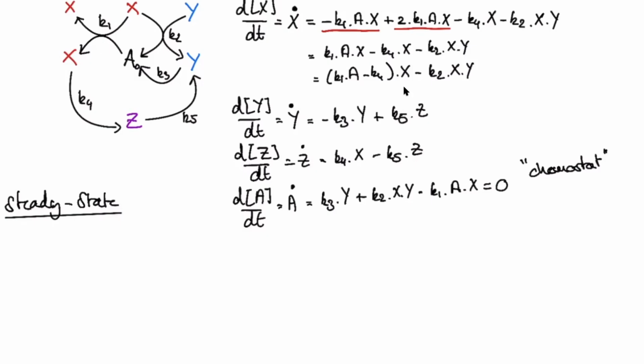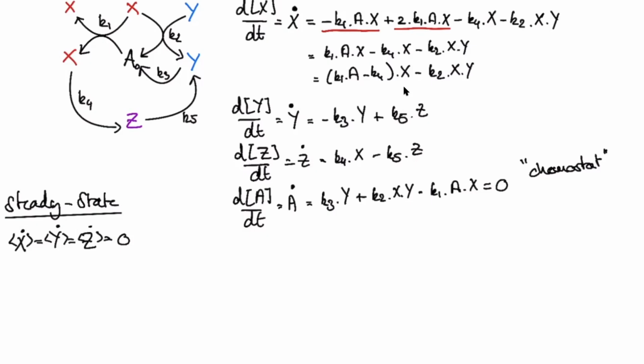So I'm going to say x dot equals y dot equals z dot equals 0. This should really have averages, so often people write it like this. It means that the average concentration over a given time will remain constant in the steady state. That's just an approximation we're going to make.